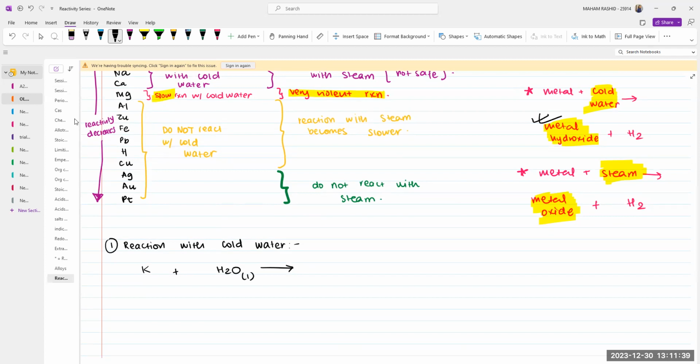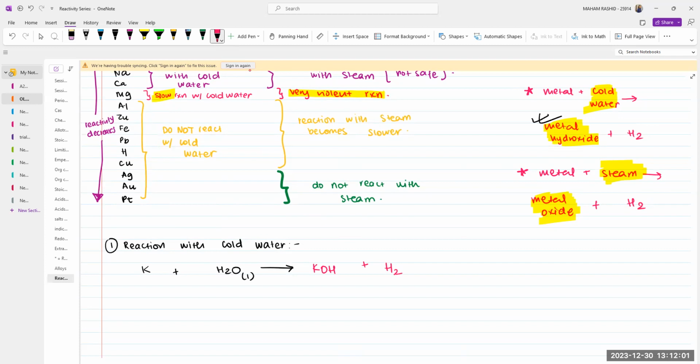Potassium hydroxide, right? Not oxide, because it's cold water. So this will be potassium hydroxide plus hydrogen, sorry.